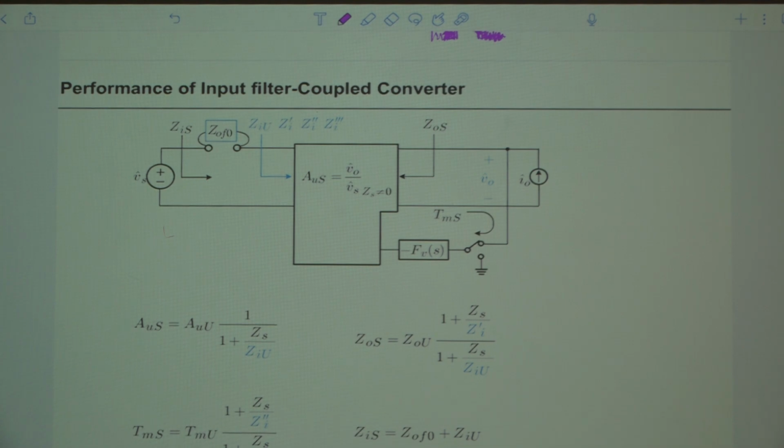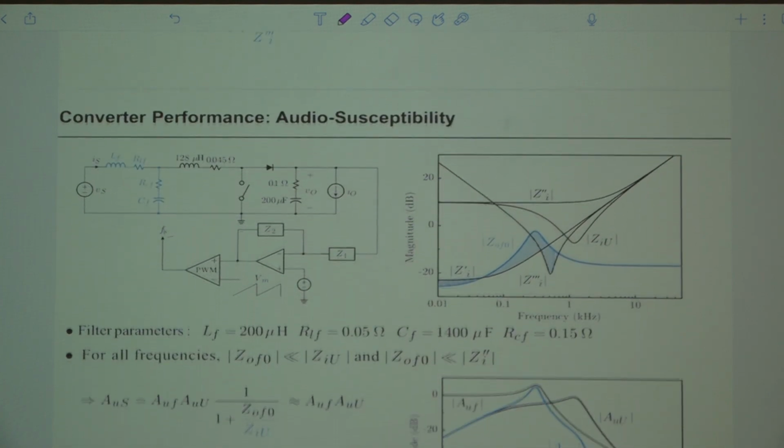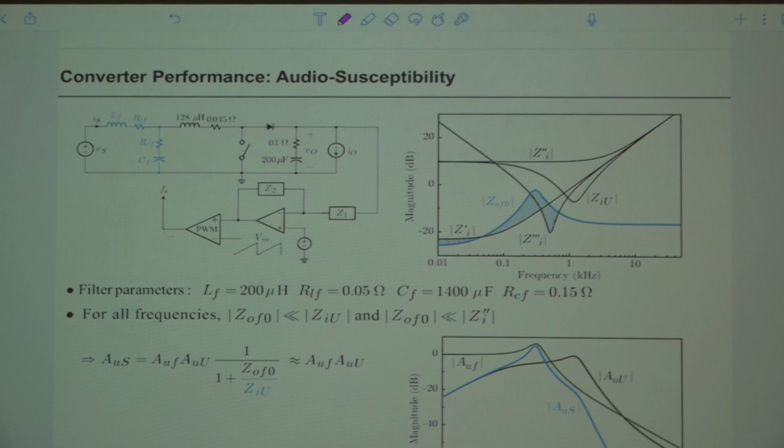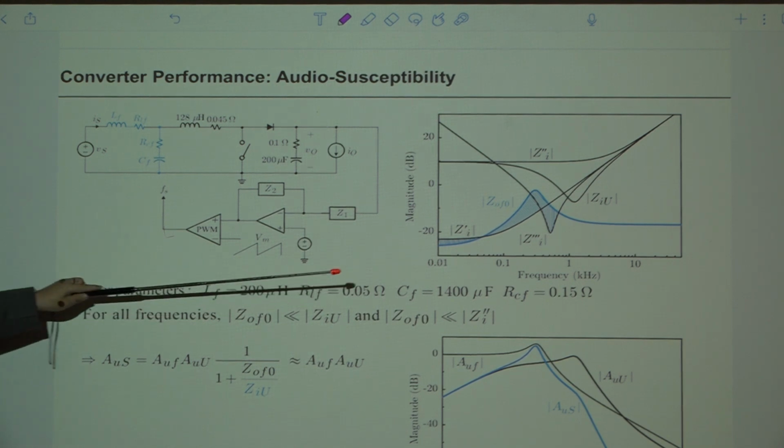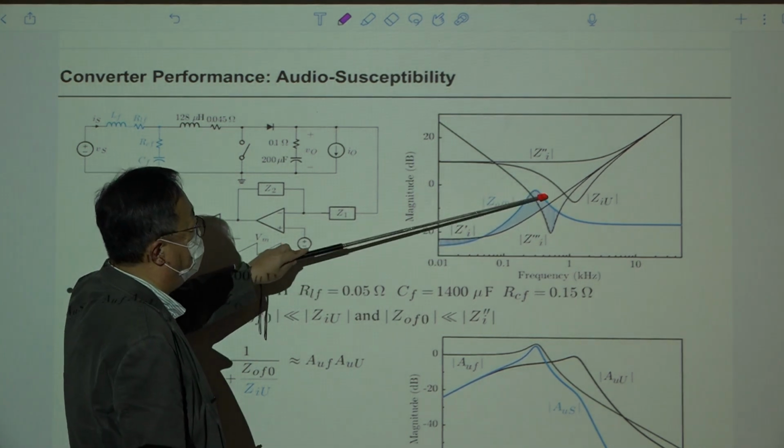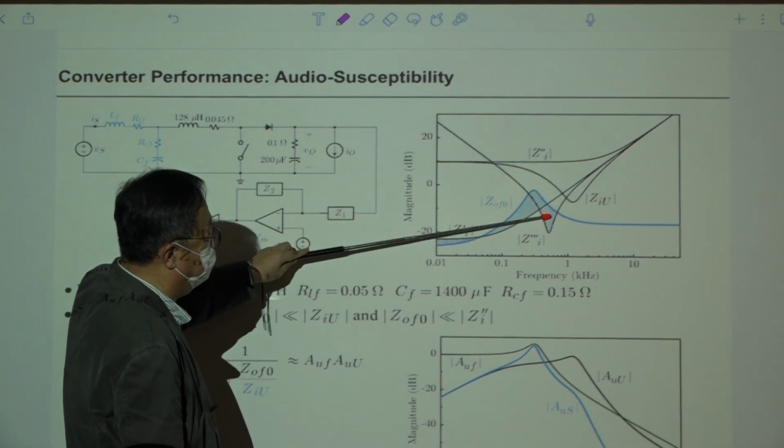Then let's take a look at the change in the performance. Okay, let me finish this up. So this is the comparison of the output impedance of the input filter and the 4 input impedances.